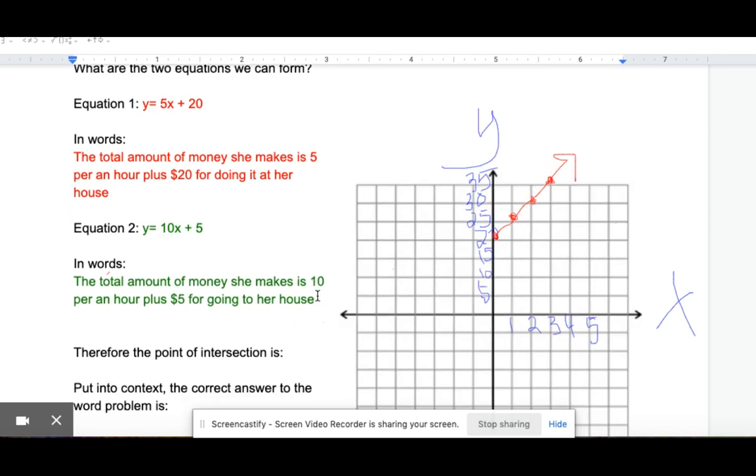So if I want to graph this on my graph, my starting amount is going to be at 5. So I put a dot down here at $5 for doing nothing, for just going over there. And now after 1 hour, she makes 10 more. So my slope is 10, but I can divide it by 1, which means I need to go up 10 for every time I go right 1 time.